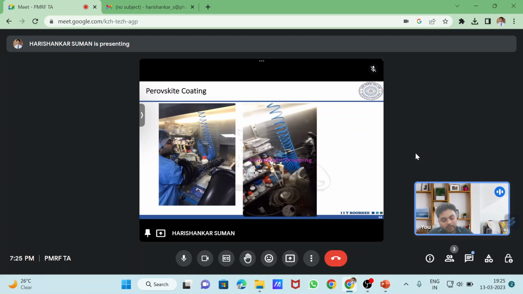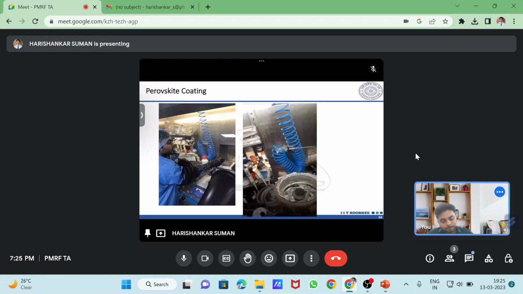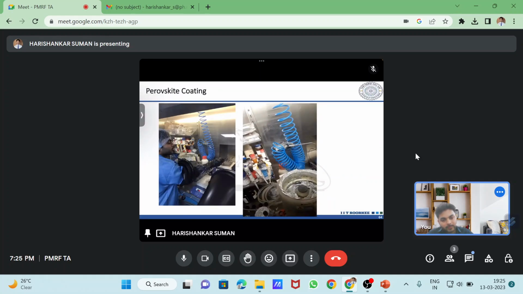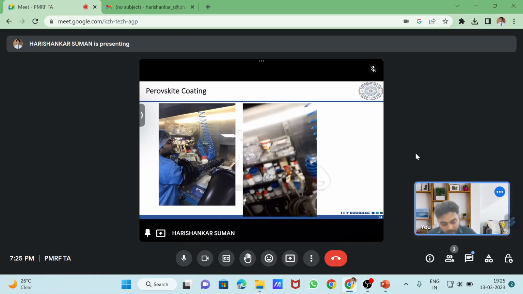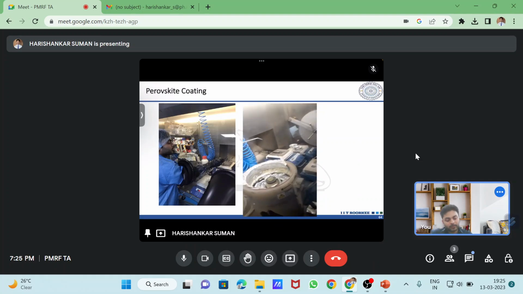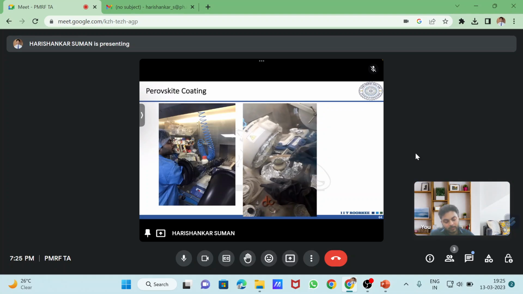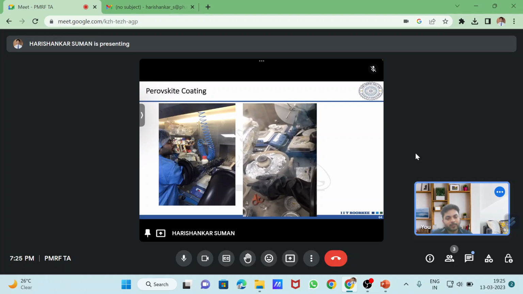Then there is anti-solvent dropping. Then the perovskite coating is done. Now we have to anneal. If the film is black like that, then our perovskite phase is formed. So this is the annealing step.